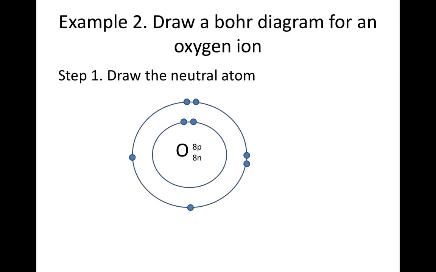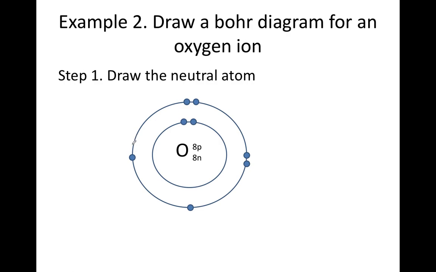So nonmetals tend to gain electrons, and that's because they have usually 4 or more electrons in the outer shell, and the outer shell usually holds 8. And so what that means is it's easier for them to fill the outer shell and make it full rather than lose 1, 2, 3, 4, 5, 6 electrons.